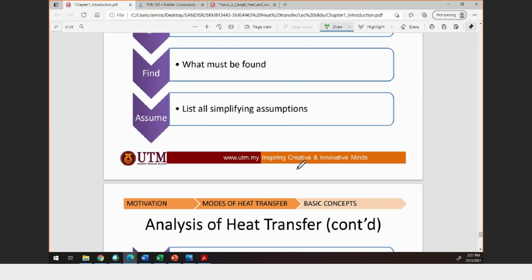You also can say that, oh, I think the person is wearing shoes made from a polymer, another polymer other than rubber. So this means you need to find the properties for that other polymer material. This is just my assumption. Okay, I assume that the person is wearing rubber shoes, so then you need to find the K for the rubber. Okay.